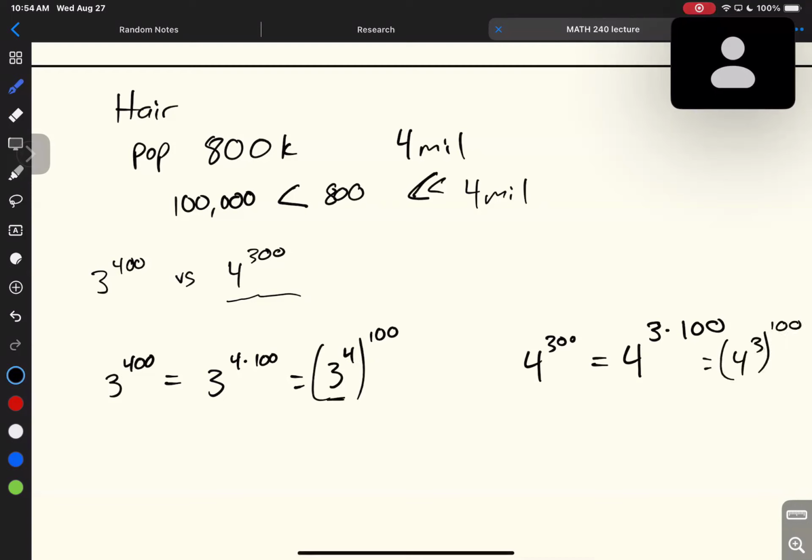Now we just have to compare the bases. So 3 to the 4 versus 4 to the 3. This is, in my notes, 81, and this is 64. 81 is bigger than 64. Therefore, 3 to the 400 wins.